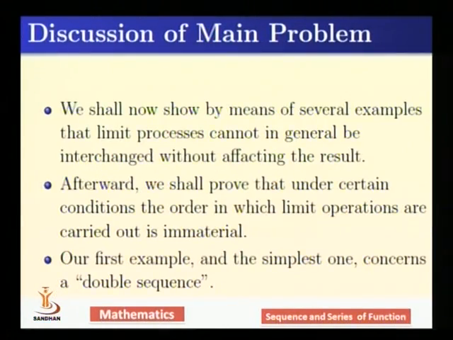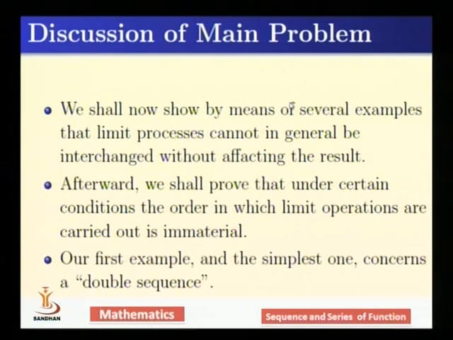Okay. We shall now show by means of several examples that limit processes cannot in general be interchanged without affecting the result. Afterward we shall prove certain conditions under which the order in which limit processes are carried out is immaterial.